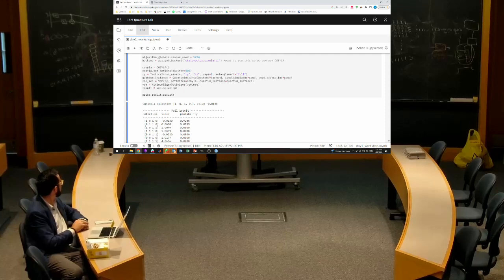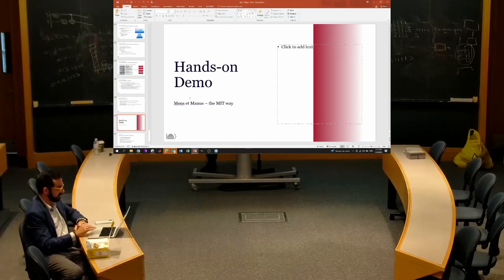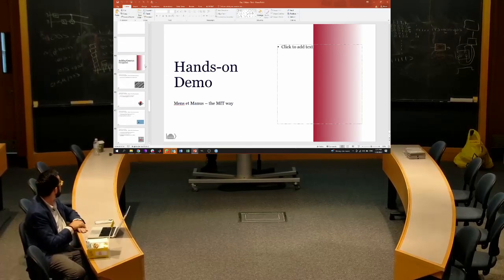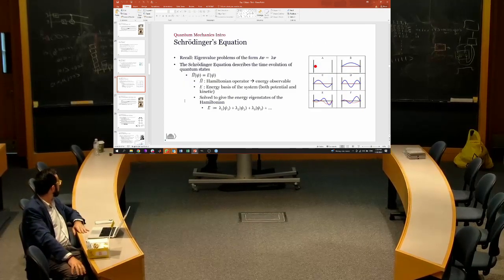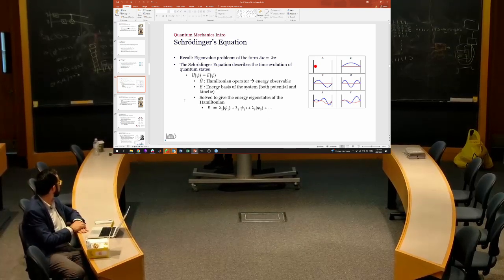Right now, the reason, if I show you on this slide, we said that when you solve the Schrödinger equation, first you get all the possible outcomes. This is the first thing you calculate, and only after that can you calculate the amplitude, the probability for each one of them.